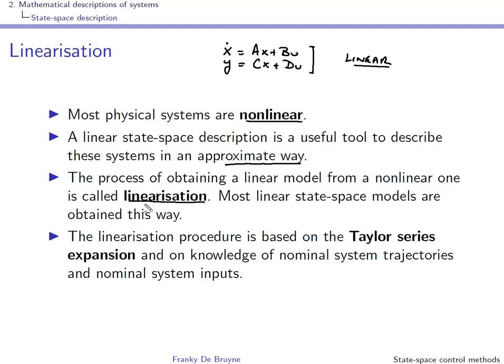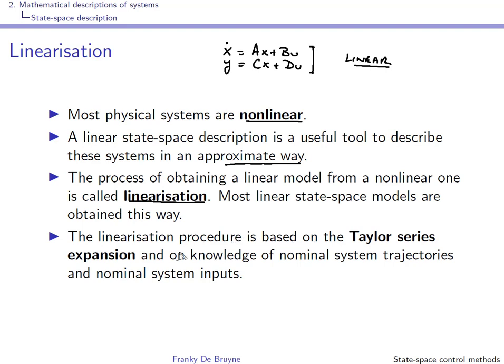Very often linear state space models are obtained through linearization, and the linearization procedure is based on the Taylor series expansion and on the knowledge of a nominal trajectory and nominal system inputs.